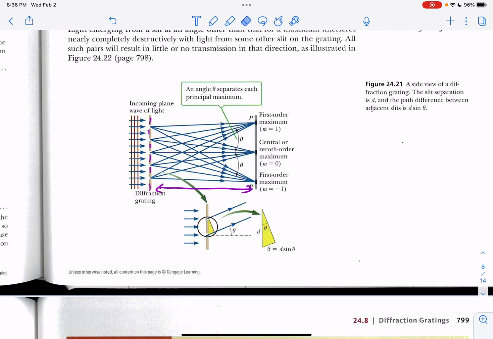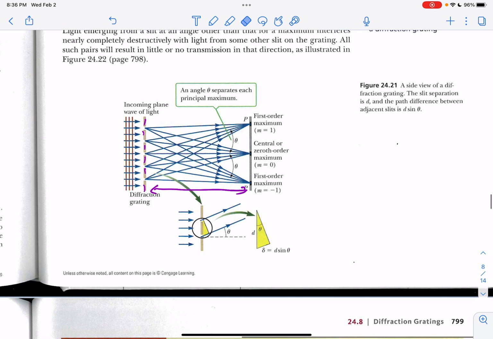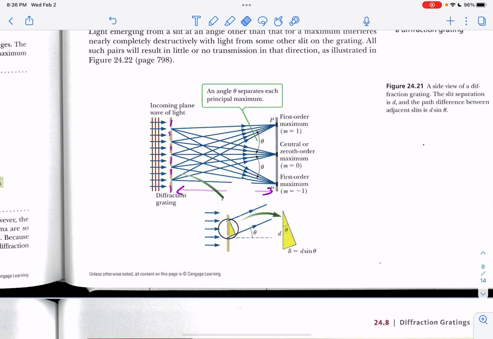And whereas the distance between the opening for each slit, the distance between each slit is very, very, very small, this distance here, I'm going to call it L. Other books might not call it L, this distance right here. That length could be a meter or maybe 2 meters. It depends upon how far away from the wall you want to put your diffraction grating.